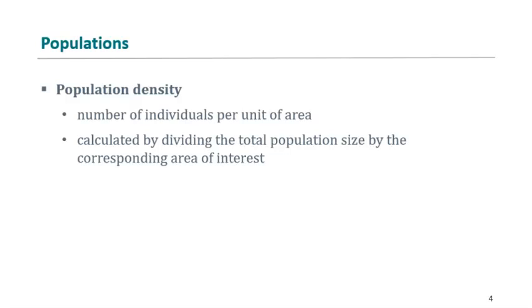So it helps to show how crowded or how spread out a population is in its habitat. So population size tells us the number. The size of the population is just the number. So we can say that 10 elephants would be our population size. But density gives us a much better picture of what is occurring with that population.